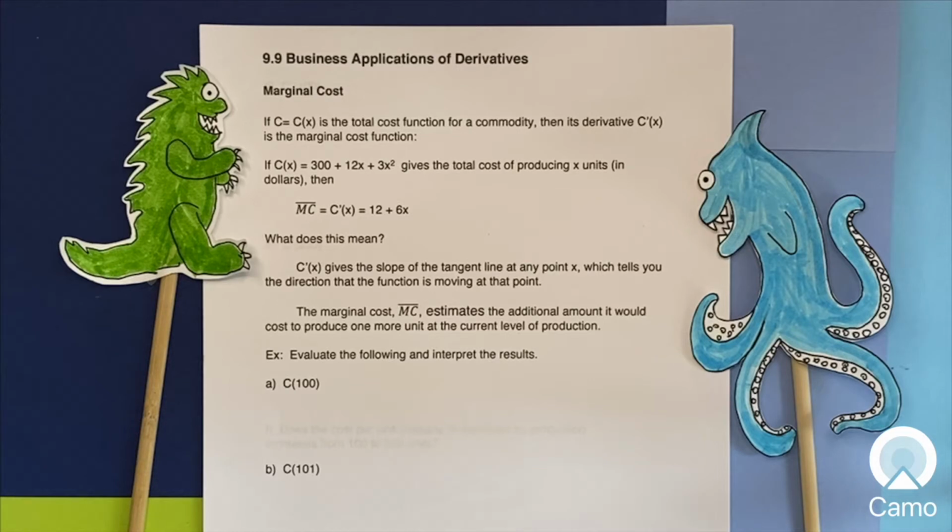9.9 is the application section, otherwise known as the word problems that correspond with this beginning introduction to calculus. These are going to be business applications, and to be honest, these are concepts we've been circling this whole time. Even before we started calculus, we were starting to talk about marginal cost and marginal revenue and marginal profit.